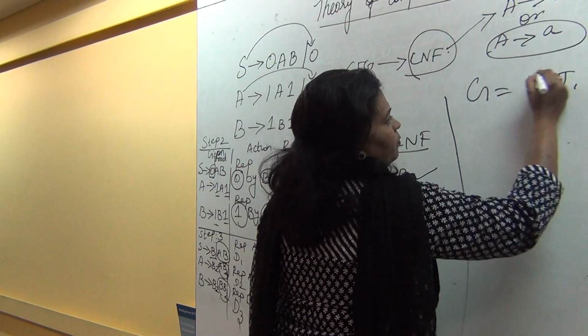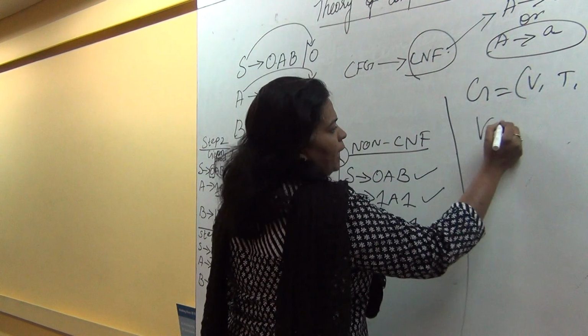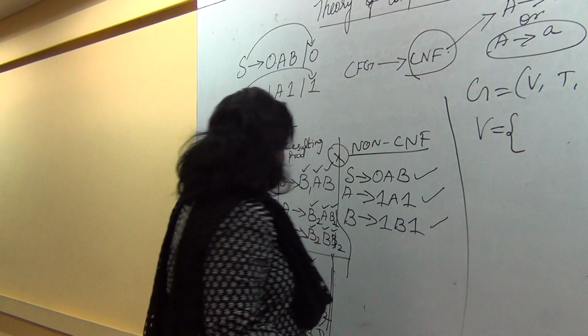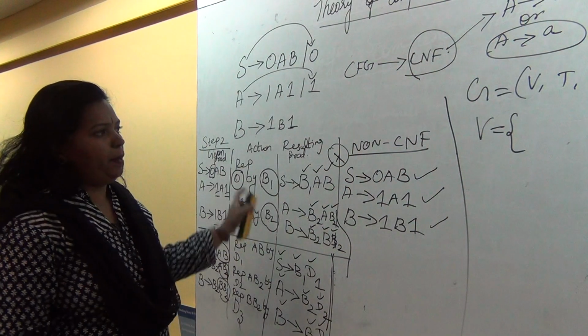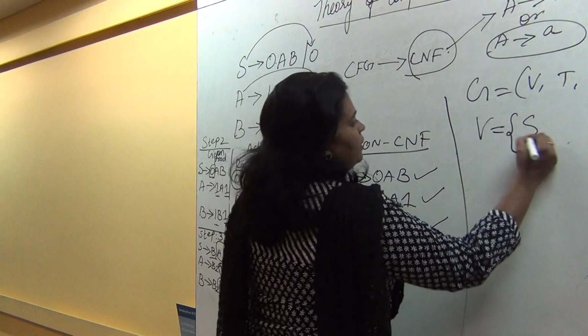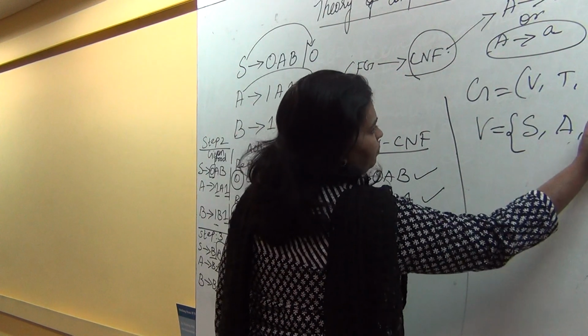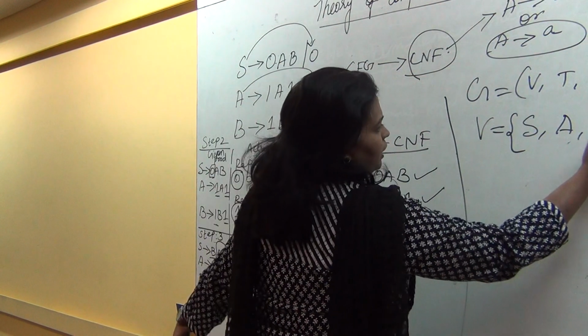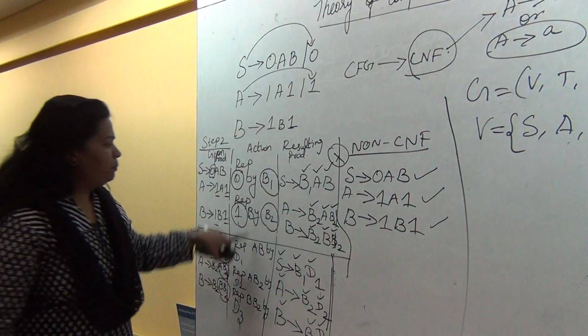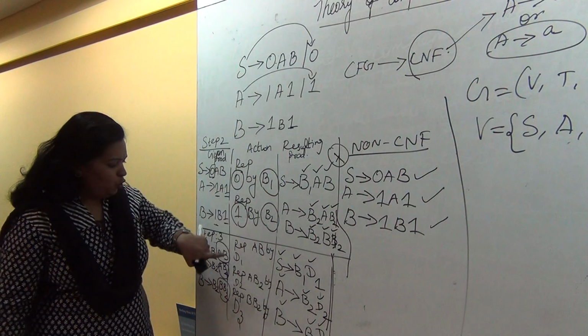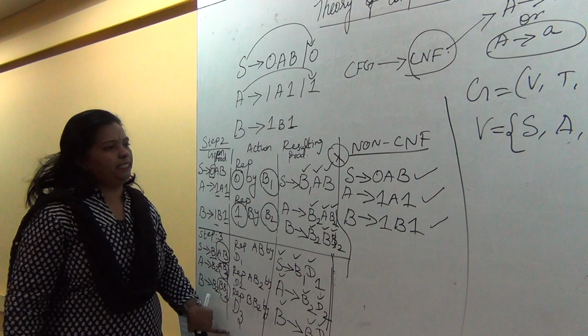V, T, P, S. So V is all the capital letters we have used in the entire problem. So we know that S, A, B are given in the question, and other replacement variables like B1, B2, D1, D2, D3.